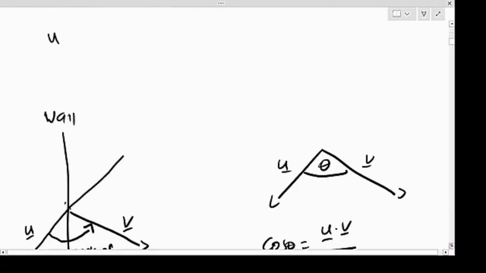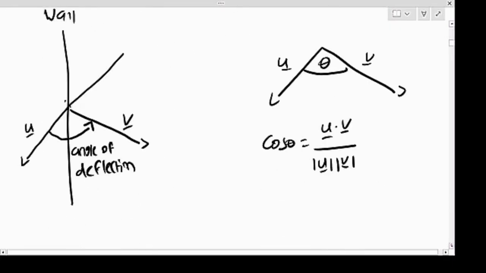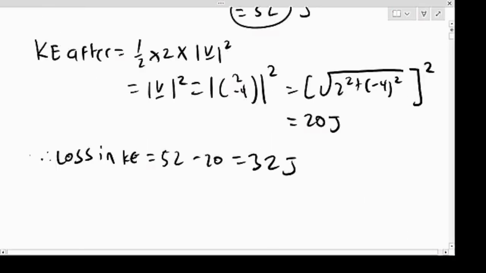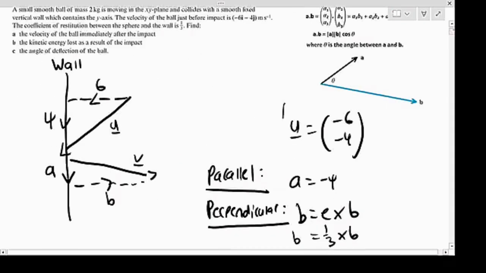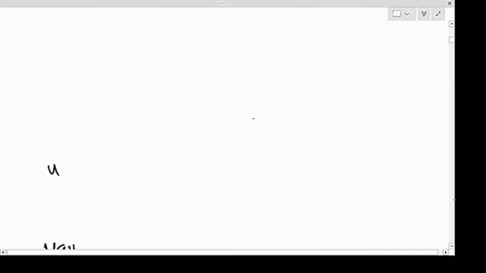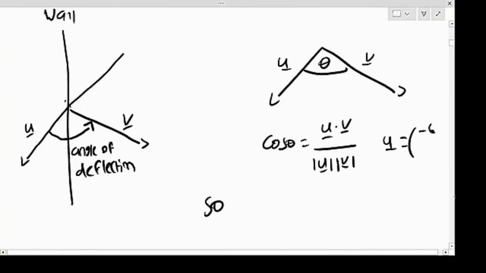So really we're just going to substitute u and v in now. We're going to use this formula to work out theta, the angle deflection. Here, my initial velocity u was minus 6, minus 4. And then v afterwards was 2, minus 4.